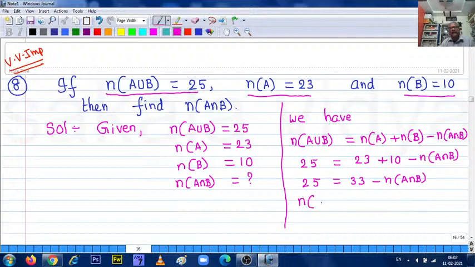So we get n of A intersection B equals, this minus becomes plus, 33 minus 25. 33 minus 25 is 8. Therefore n of A intersection B is equal to 8. This is the answer.